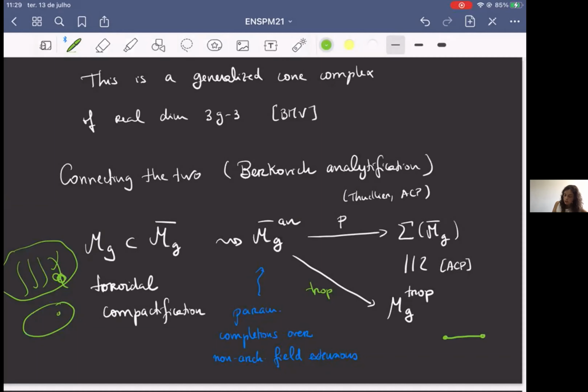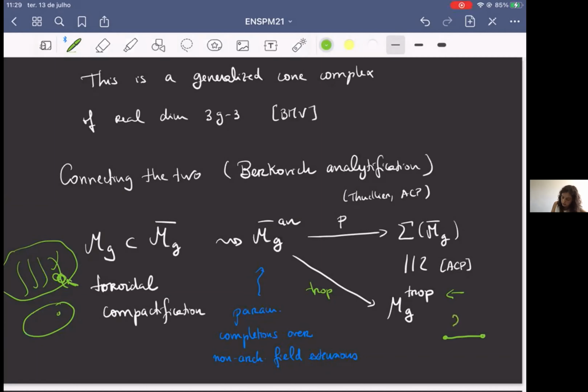And you want to attach, remember, this is a moduli space of graphs together with lengths on your edges. So the length you're going to be attaching to the edge corresponding to the singularity you had in the beginning is going to be given using the valuation.